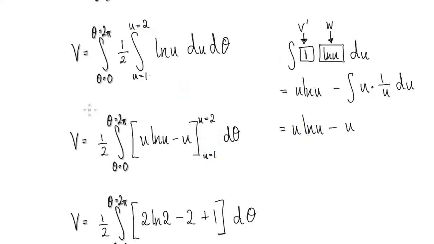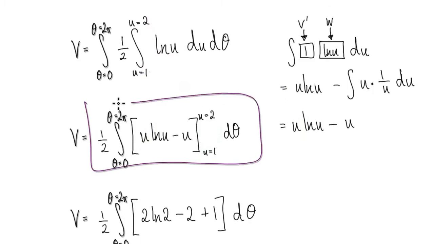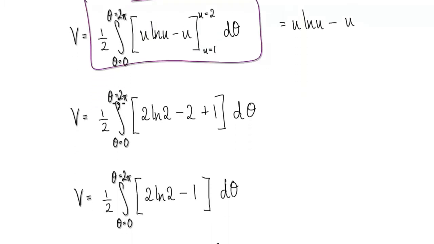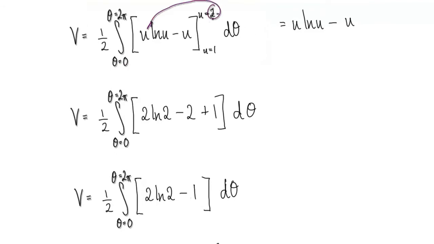So now we are currently here. Put 2 into here and into here, and that will give you this. Then you take away and put 1 into here. Natural log of 1 is 0, so this whole thing here will be 0, and then put it into here, it will give you -1.